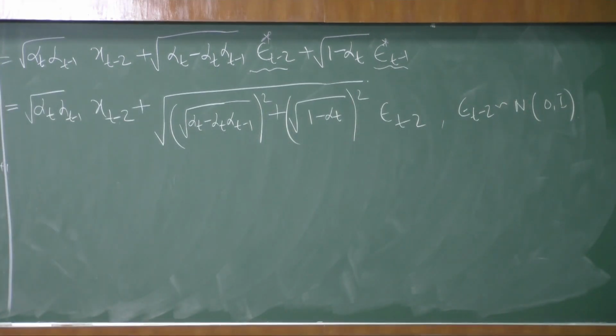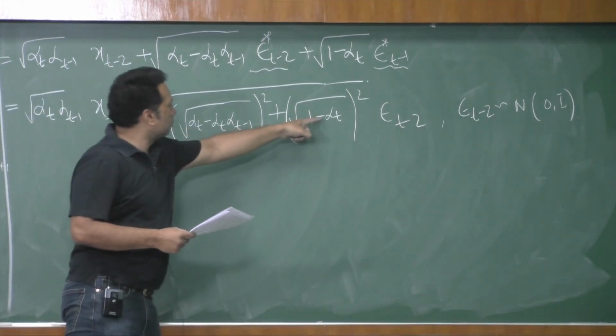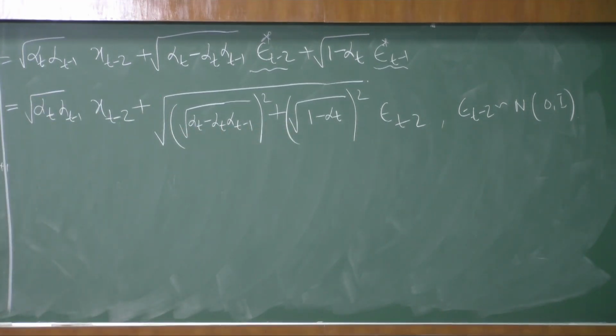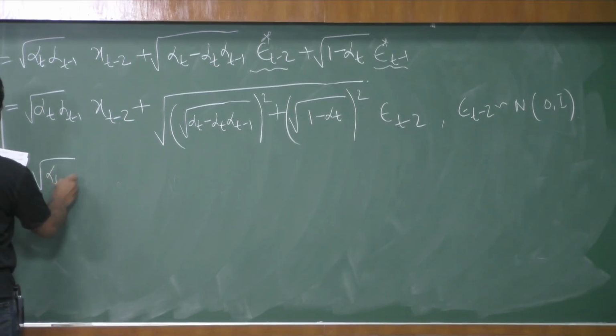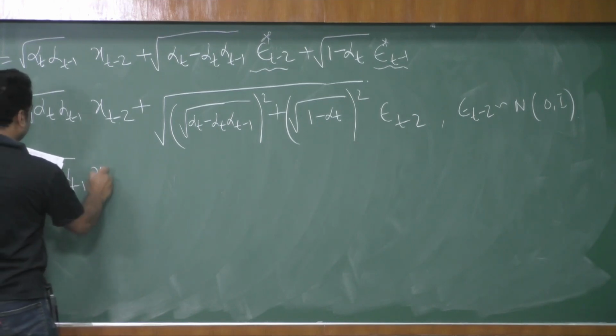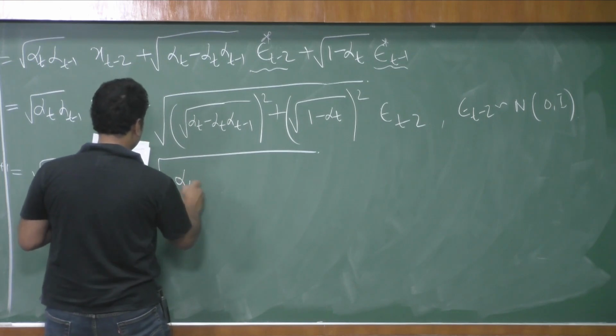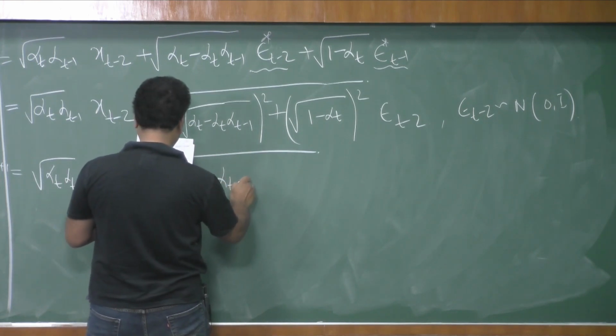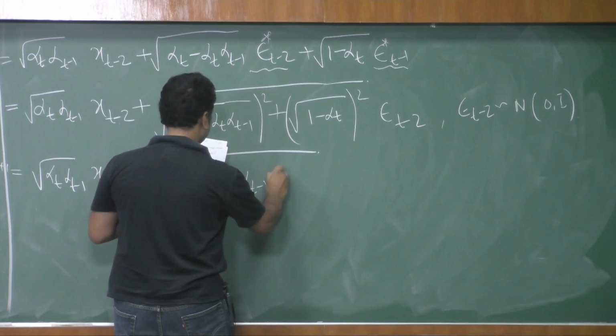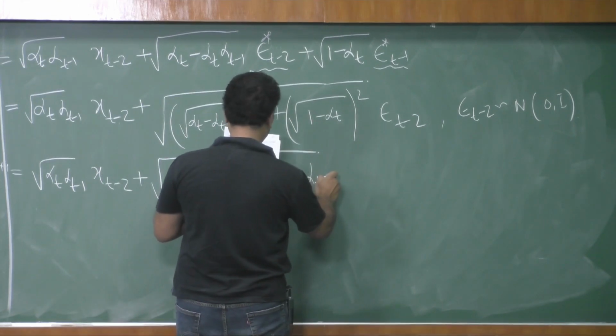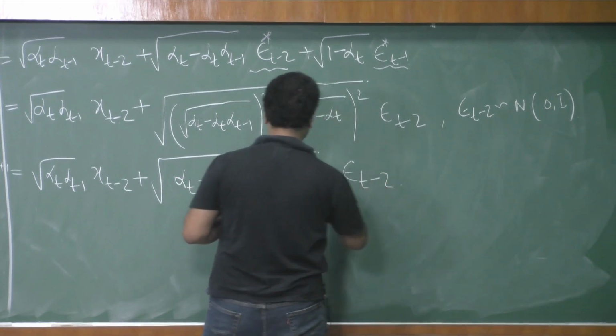Okay, so now if we do expand this, then some cancellations happen. Basically alpha t gets cancelled, because after the square you can notice that there is alpha t and there is minus alpha t. So that simplifies a little bit, so it's good to do this. So this is alpha t minus 1 x t minus 2 plus alpha t minus alpha t minus 1 plus 1 minus alpha t and epsilon t minus 2.